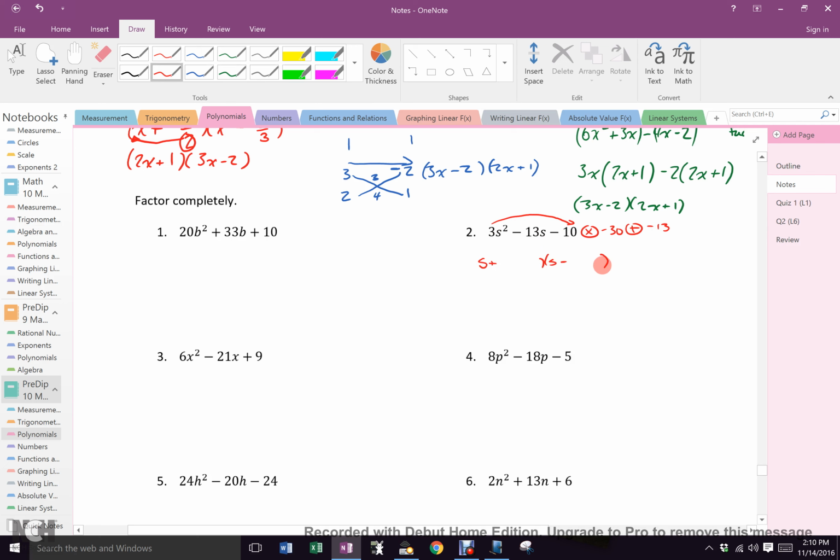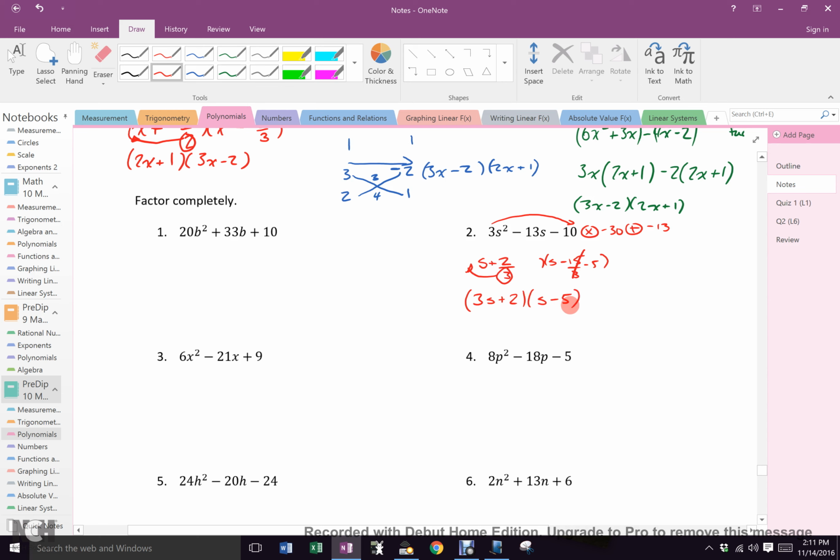And I know it has to be plus 2 minus 15. And I know I got to divide by 3 at some point. Then I simplify. This doesn't simplify, so the 3 moves up to the front. 3s plus 2. This simplifies to negative 5. So that becomes s minus 5.